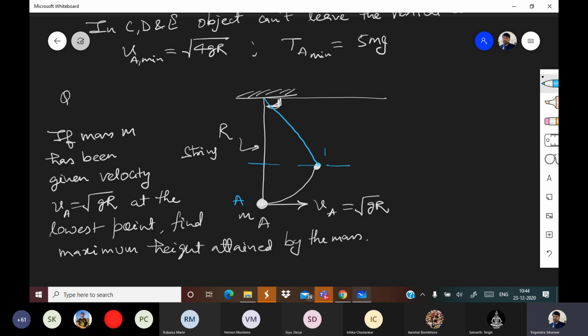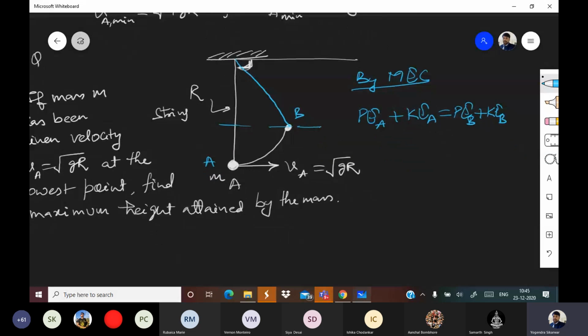I am calling this point as A, this point as B. Let us apply MEC between A and B. So PEA plus KEA is equal to PEB plus KEB, and this angle is theta.